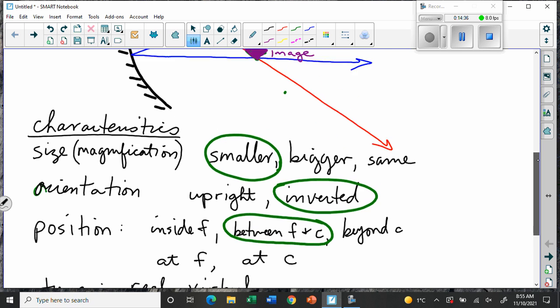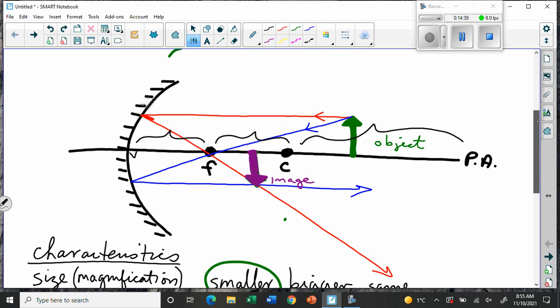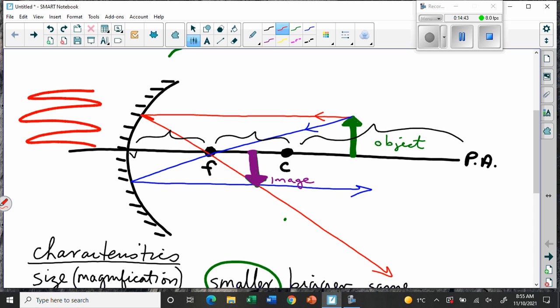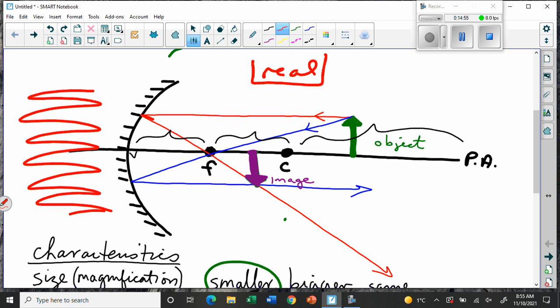Now, in this one, if you think about it, Mirrorland is all over here. This is the inside of the mirror place. But our image is not in the mirror. We're not looking into the mirror. Our image is actually outside in the real world, which is on this side. The real world means the same side as the object, right?